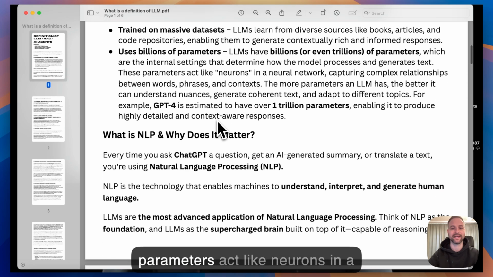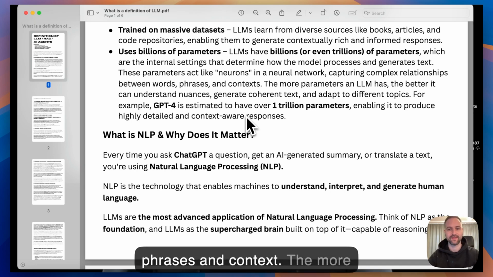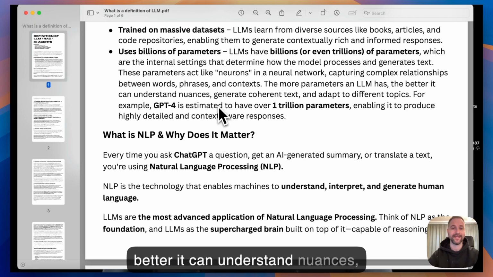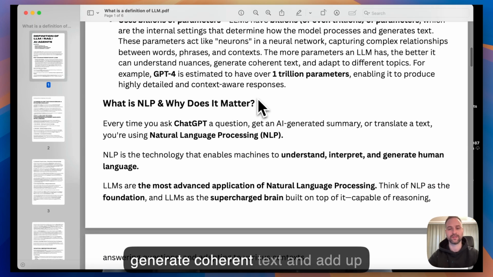These parameters act like neurons in a neural network, capturing complex relationships between words, phrases, and context. The more parameters the LLM has, the better it can understand nuances, generate coherent text, and adapt to different topics.